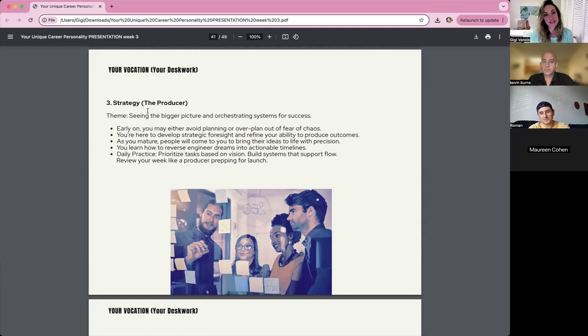So strategy is seeing the bigger picture and orchestrating systems for success. Starting out, you might avoid planning or overplan out of fear of chaos, but you're here to develop strategic foresight and refine your ability to produce outcomes. As you mature, people will come to you to bring their ideas to life with precision.